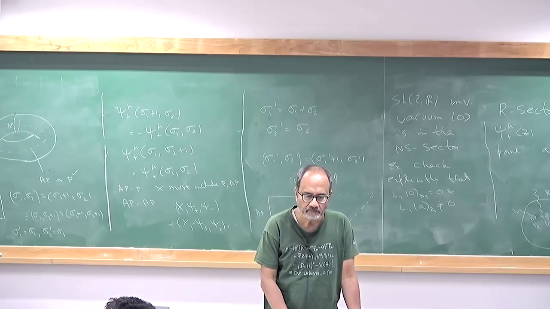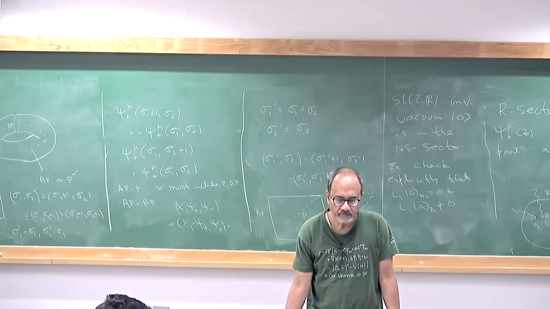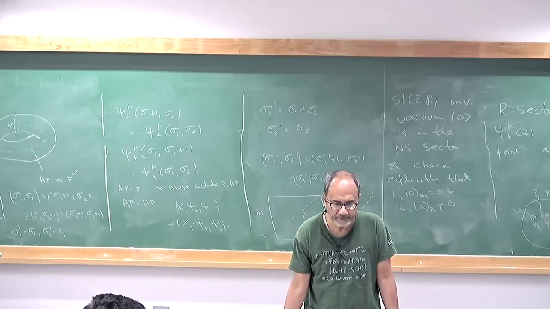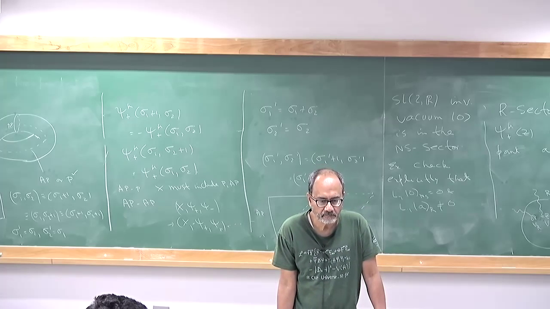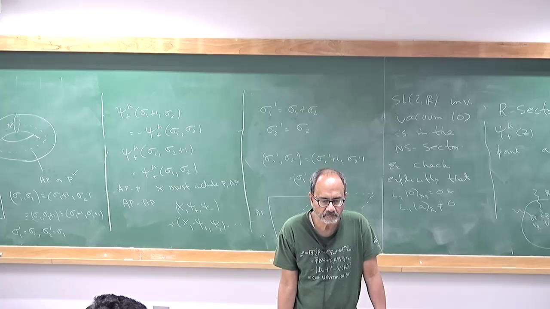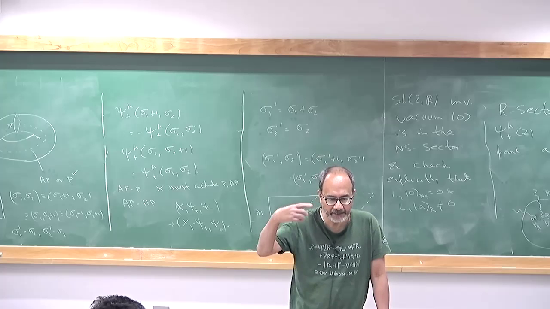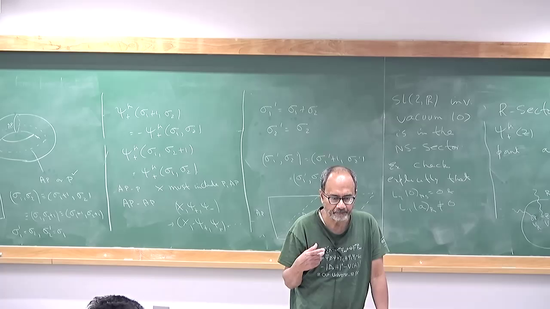If we do a different GSO projection, say in type 0, where the GSO projection acts on both of the sectors, both the holomorphic and antiholomorphic, what would be the corresponding boundary condition? Yeah, so there the boundary condition will be either both psi plus and psi minus are periodic, or both psi plus and psi minus are antiperiodic.